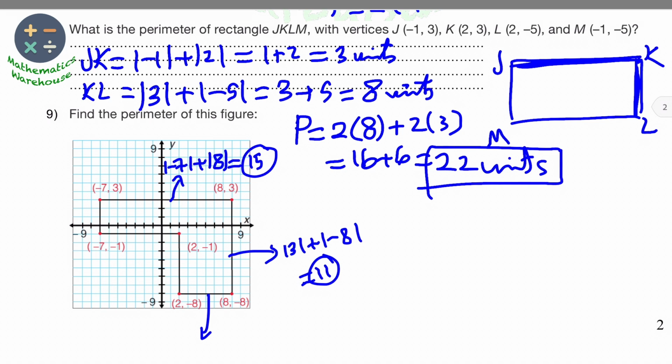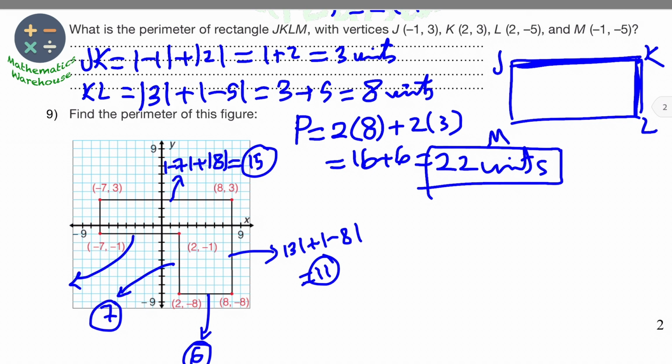So the absolute value of 8 minus the absolute value of 2, which is 6. And this side we have the change in y coordinate, and both of them have the same sign, so we're gonna subtract their absolute values. So the absolute value of -8 minus the absolute value of -1, which is 8 minus 1, which is 7.